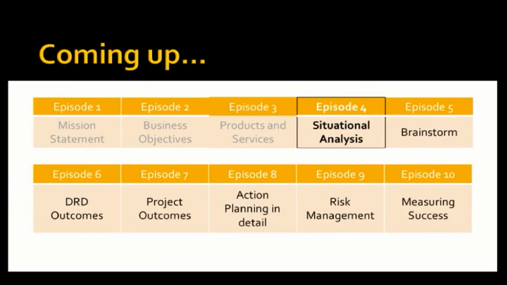So getting that situational analysis really clear is mandatory, and that's the next step in the business planning process. So this is where we are in the process. We've just covered products and services, and in episode 4 we'll be doing situational analysis.